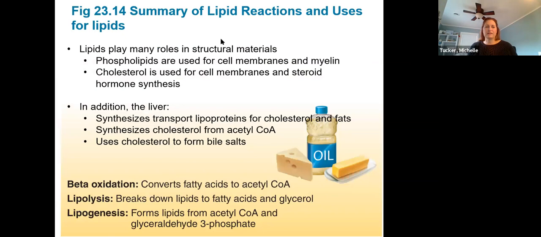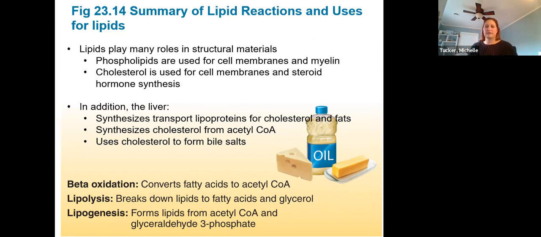So this is a summary of lipid reactions and uses. Lipids are going to play many roles in structural material, phospholipids. That's where you get a glycerol and a phosphate group, and then 2 fatty acids. And that phosphate group is water soluble, and then the 2 fatty acid tails obviously are not.